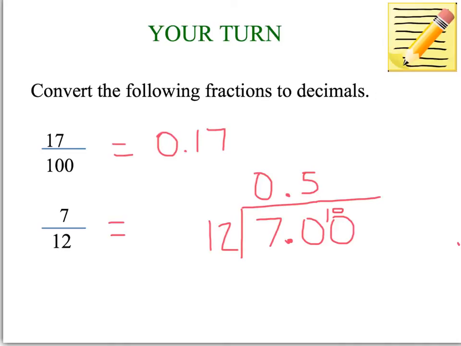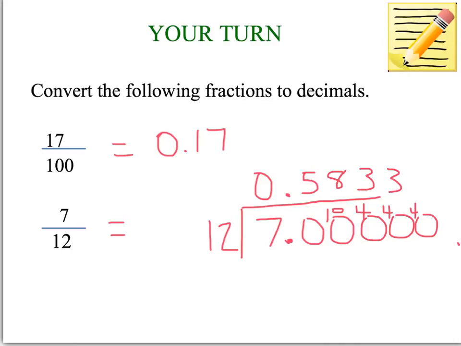Okay, so 12 into 100 now, so 8 12s are 96. We've got 4 left over. Okay, so then 12 into 40, so 3 12s are 36. 4 left over. 3 12s are 36. 4 left over.